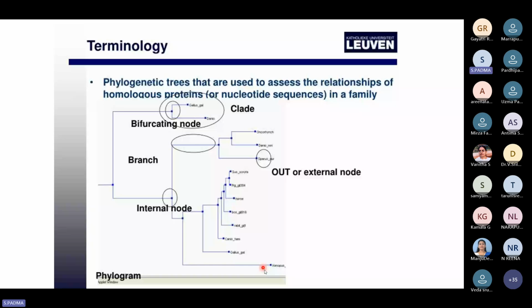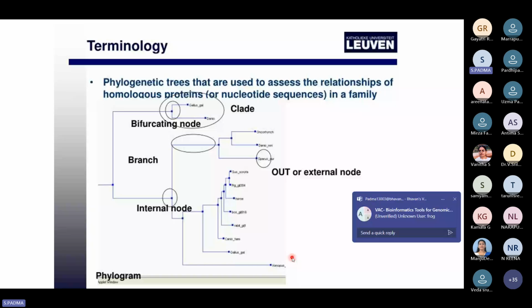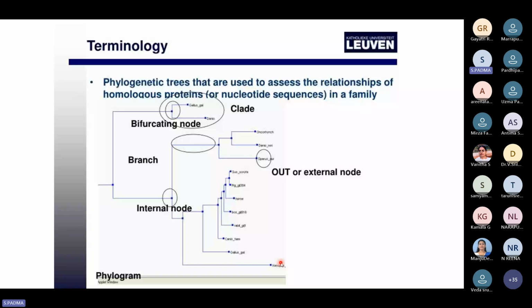What is its scientific name for? Yes, the frog. This one is different, and you can say Gallus or rabbit or horse, pig, all these are mammals, whereas this is an amphibian. So this has been completely placed out. So this is an external node.